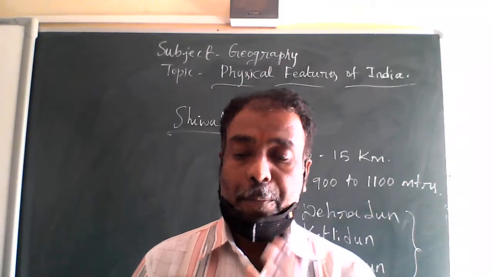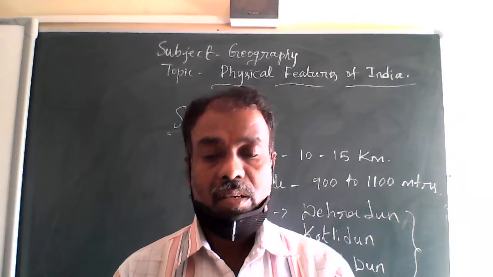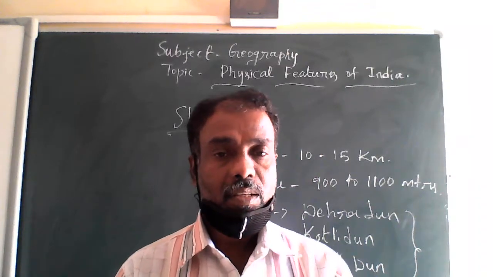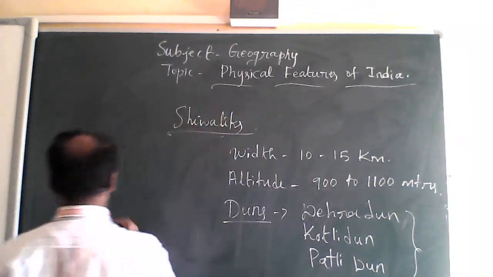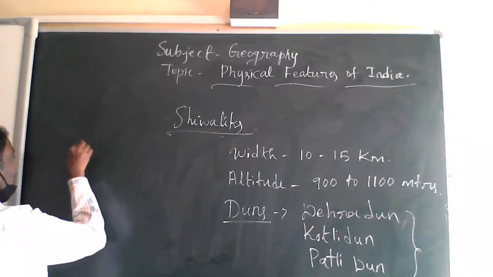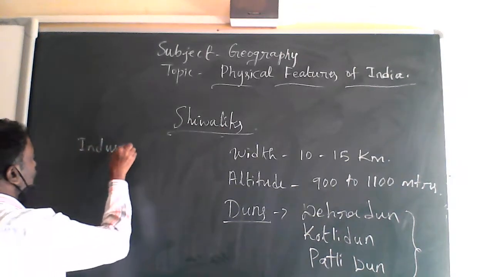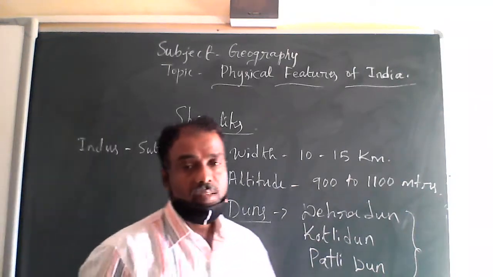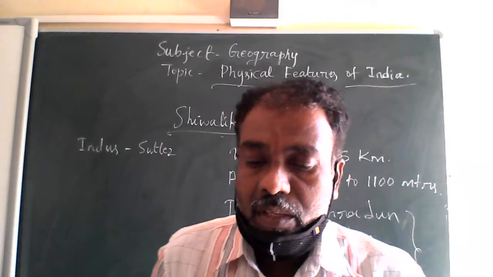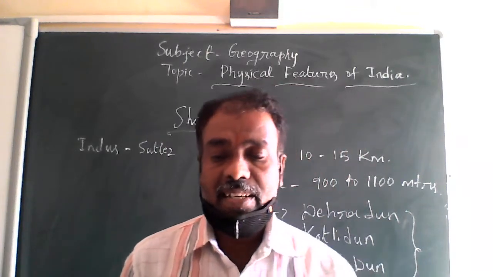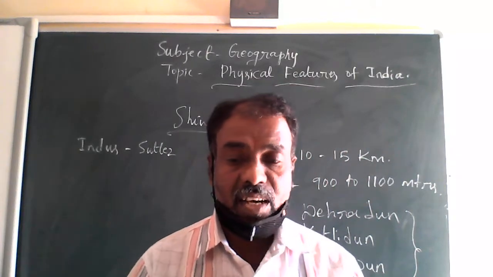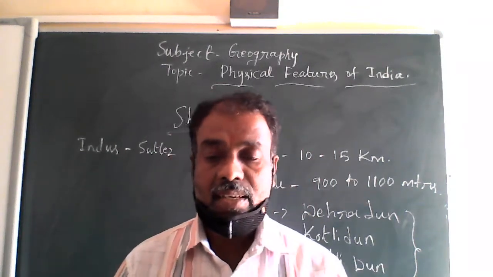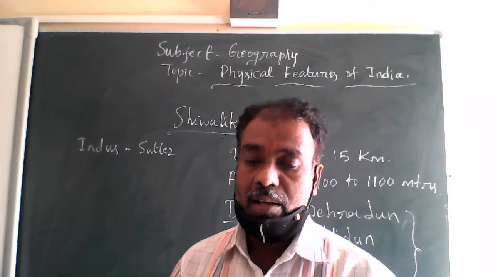For example, the part of the Himalayas lying between the Indus and Satluj has been traditionally known as the Punjab Himalaya.